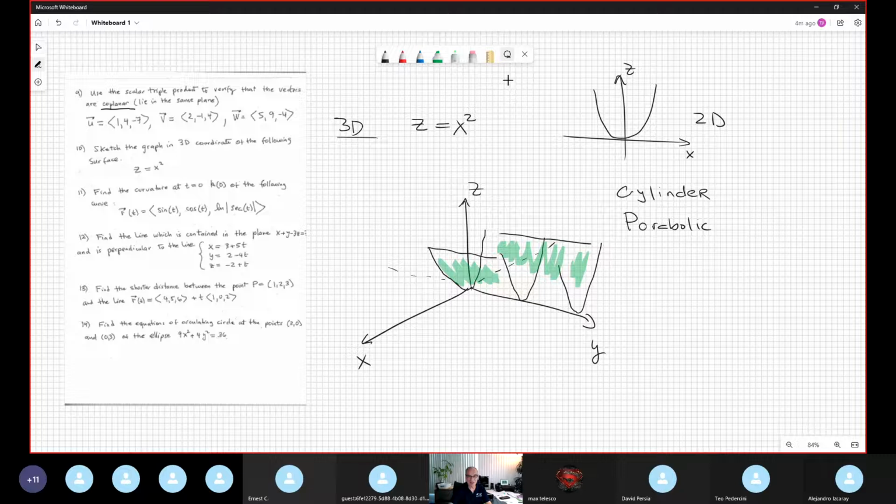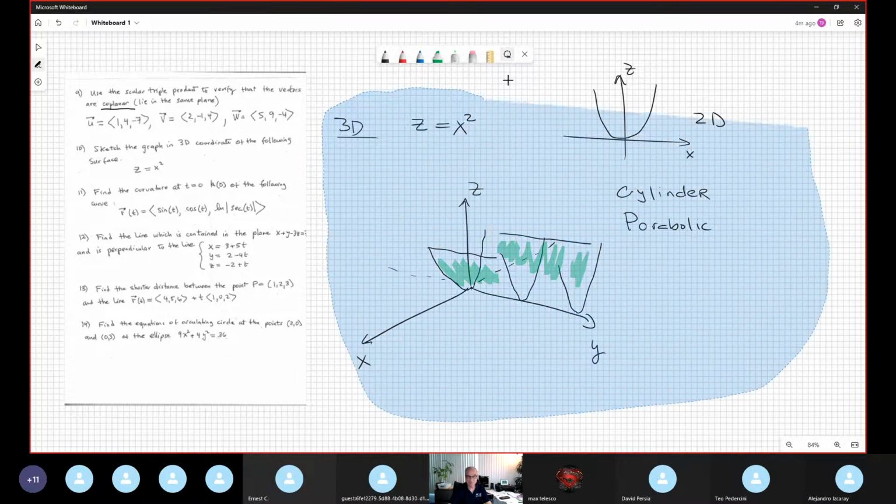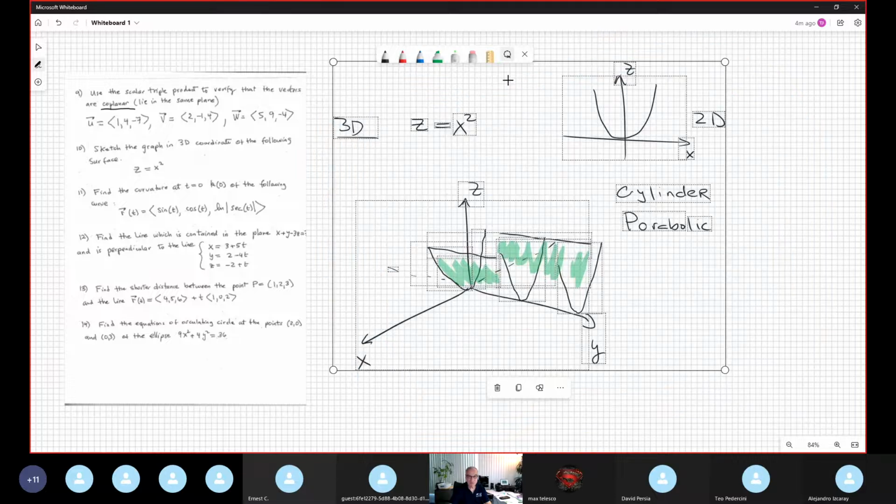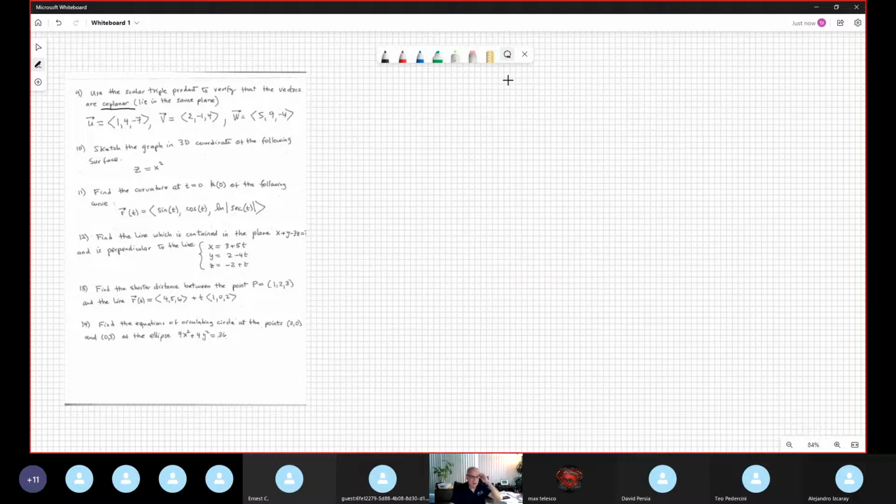It is about the Frenet-Serret formulas, no? But this is not complicated because the position vector is given. So find the curvature at t equals 0.